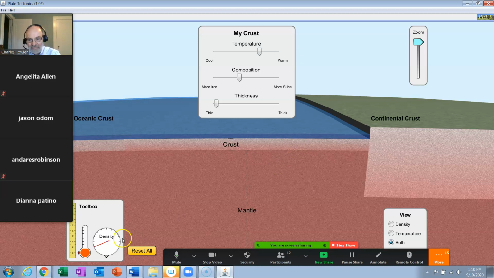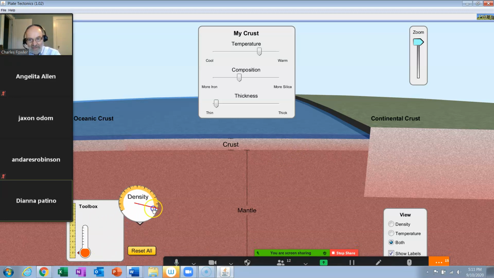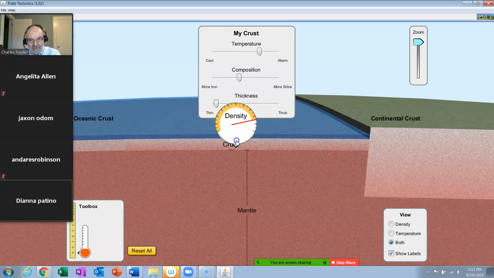Density of the oceanic crust. Okay, here's the density meter. I move it in the oceanic crust right about there, and I think that we were saying that's 1, 2, 3, 4, 5, 6, 7, 8.5. Is that what y'all put down for it? Yes, sir. 8.5. Not 80, but 8.5.